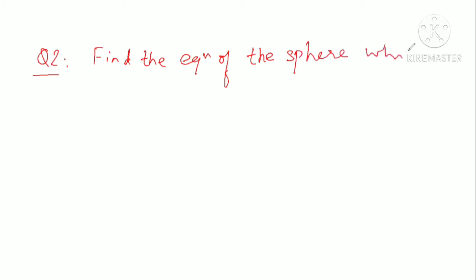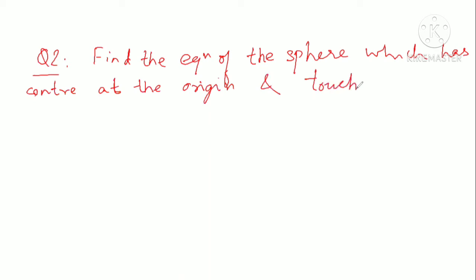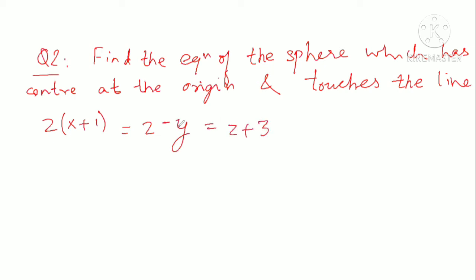So here it is saying: find the equation of the sphere which has center at the origin and touches the line 2 into x plus 1 is equal to 2 minus y is equal to z plus 3.